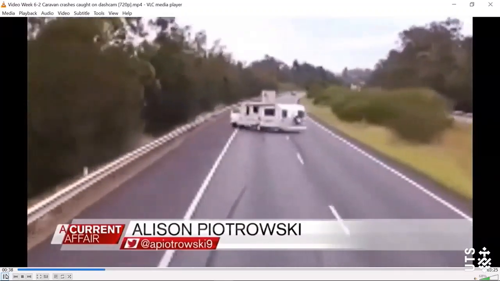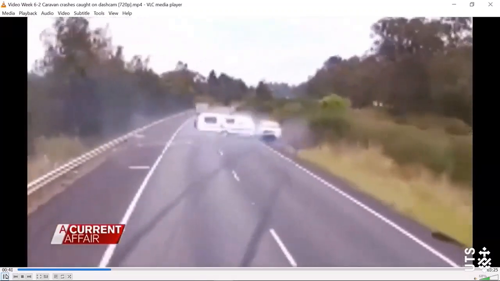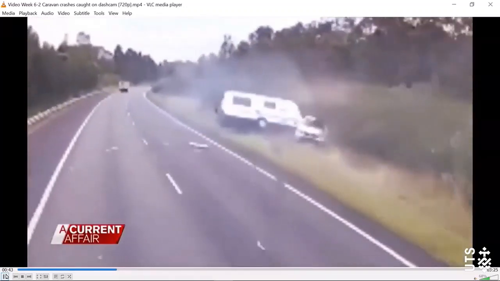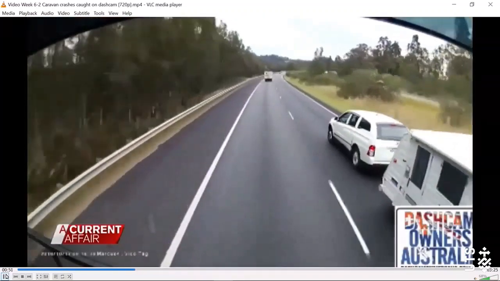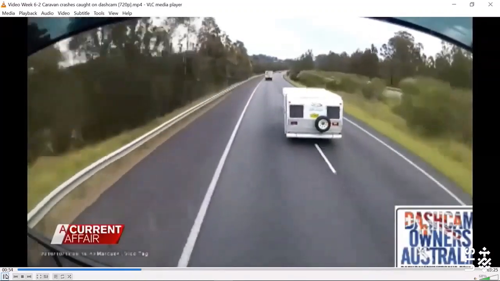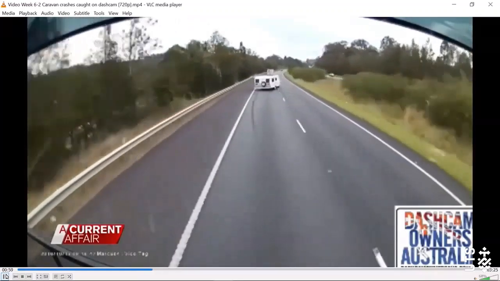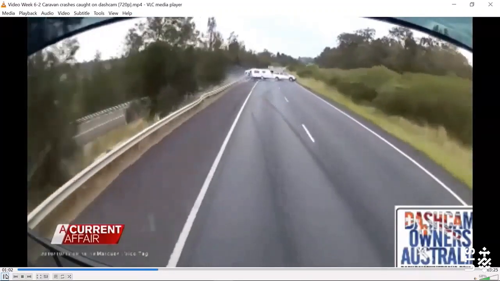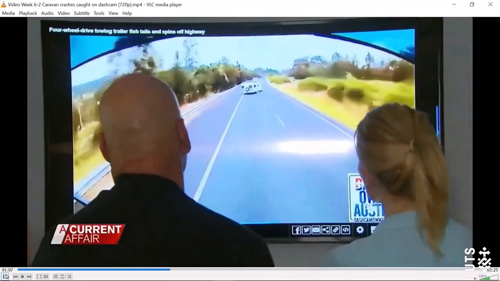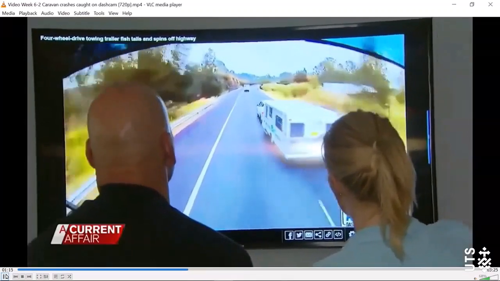The frightening moments all captured on truck driver Paul's dash cam. There's a bow wave of air pushed in front of the truck and it goes out to the sides, and when the caravan went past, it just sort of moved the caravan a bit. The guy swerved in and then off it went. It just fishtailed and multiplied and crashed. Thankfully, the man driving the mobile home was not injured, but it could have been much worse. So yeah, I think if you'd kept going straight ahead a bit further, the whole thing would not have happened. It's just him cutting across from the right lane too early. Peter Barnwell is a motoring writer for Cars Guide.